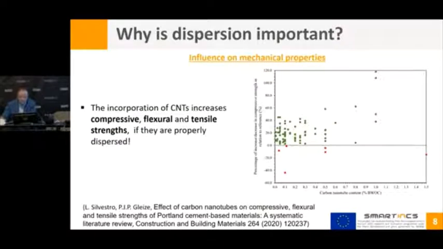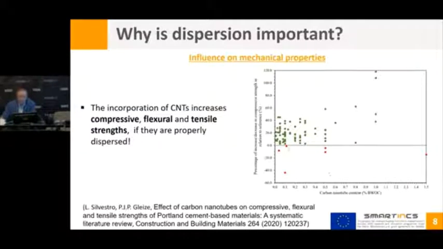As you can see there, in this review, the authors plotted the results that were found in the literature, where you can have, as a function of the carbon nanotubes that were added to cementitious materials, the improvement for the green points, or the decrease of the compressive strength for this cementitious system.